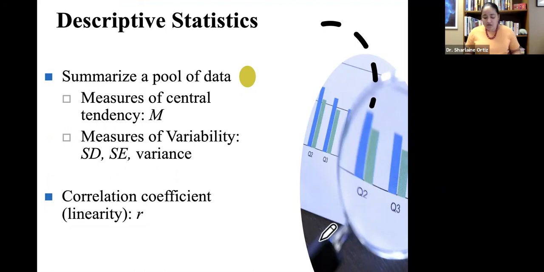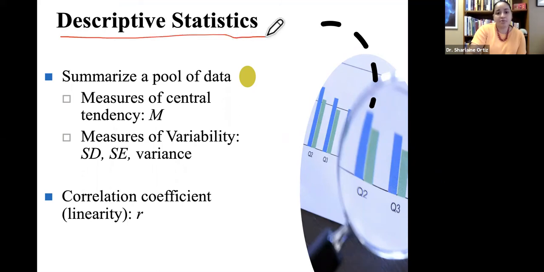There are different types of statistics that we can use, right? And the first type that we can use are descriptive statistics. The important thing about descriptive statistics is that they tend to summarize a pool of data. And you actually just observed this a little bit earlier because we spoke about the mean and we spoke about the standard deviation.